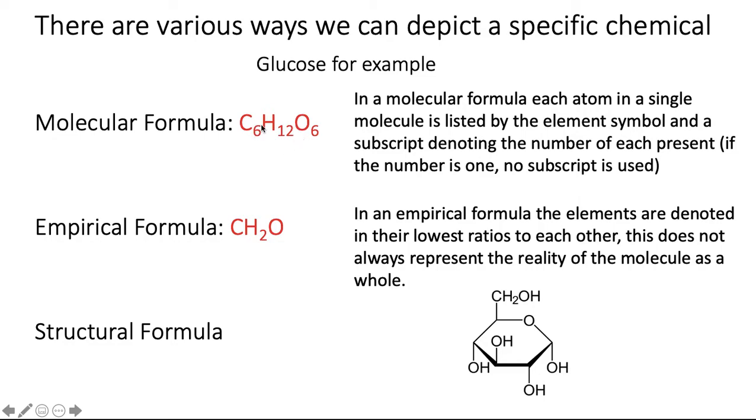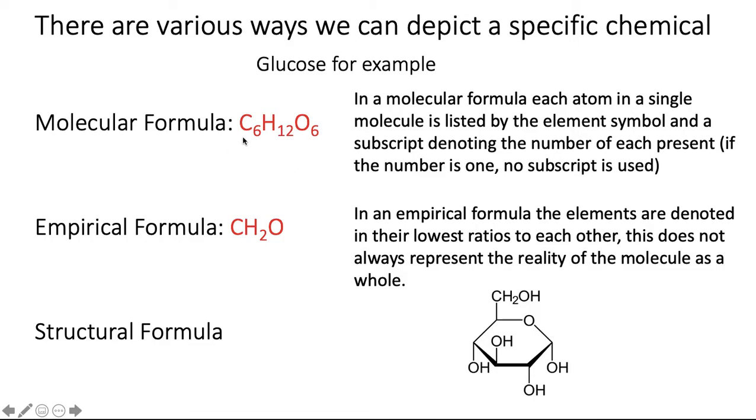And then we add these subscripts by each atom that tells us how many of these atoms are present in the molecule. If the subscript is 1, we don't write it. We just assume that it is 1.